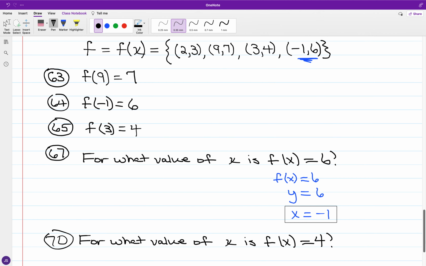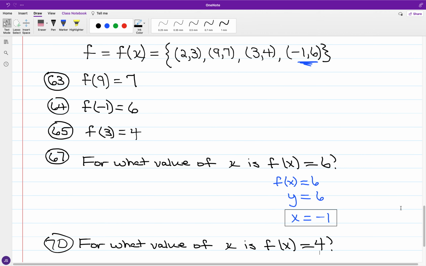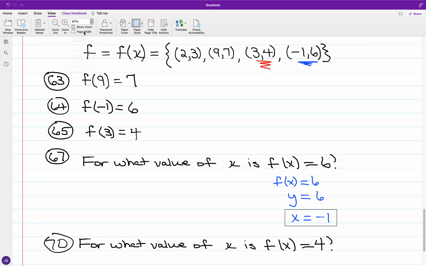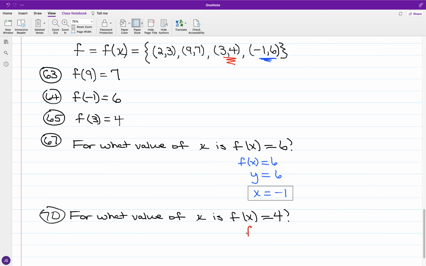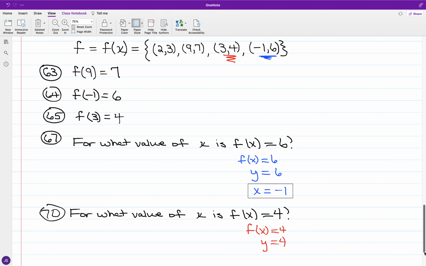Among the ordered pairs, where we have y equal to 4, your corresponding x value is going to be 3. So again, we have f of x is equal to 4, y is equal to 4, and the corresponding x value is at 3.